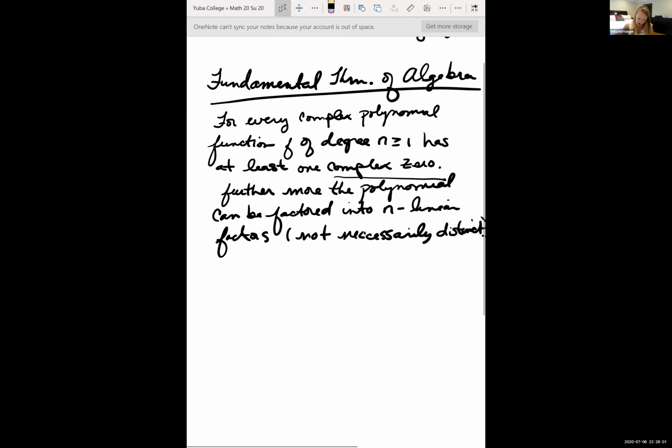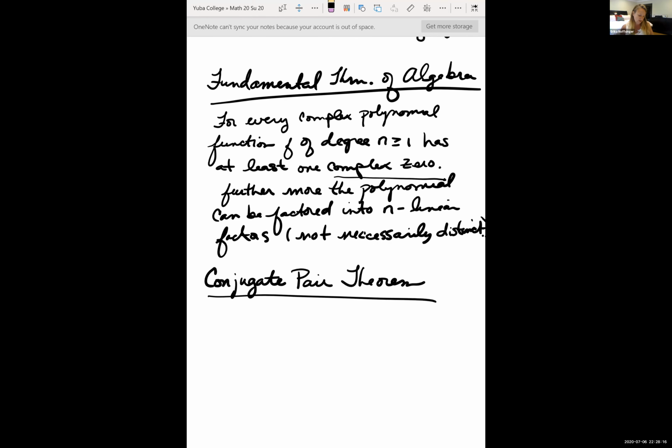We also have a conjugate pair theorem, which is helpful to know. So suppose f is a polynomial function whose coefficients are real numbers. If r equals a plus bi is a zero of f, then the complex number r equals a minus bi is also a zero of f.